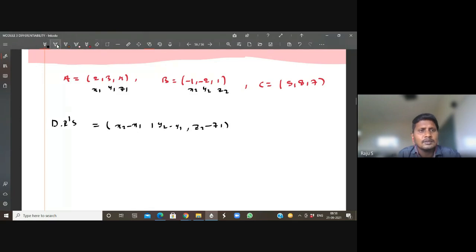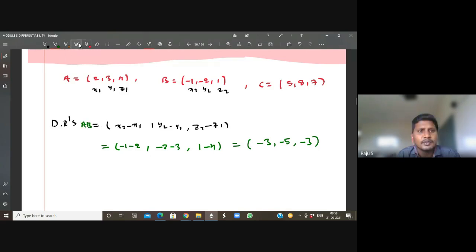This is equal to x2 minus x1. What is x2 minus x1? Minus 1 minus 2, minus 2 minus 3, and 1 minus 4. So this is equal to minus 3, minus 5, minus 3, right? This is the direction ratios of AB.